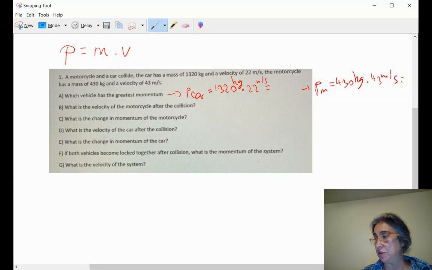All right, so we have to understand there is a system going on here. And for this system there is a formula, because the momentum is conserved.